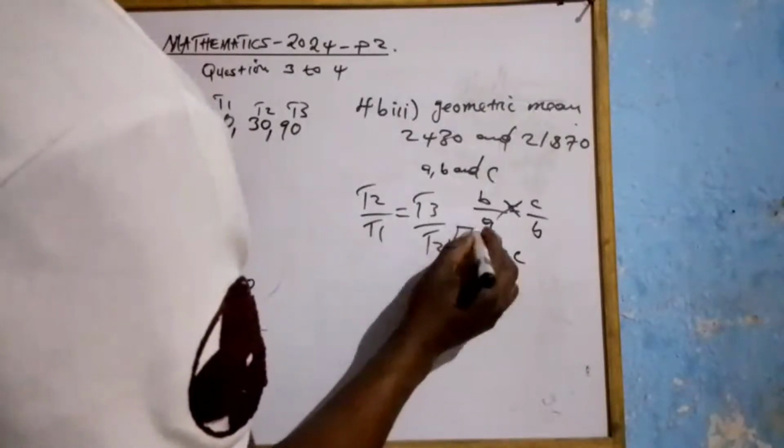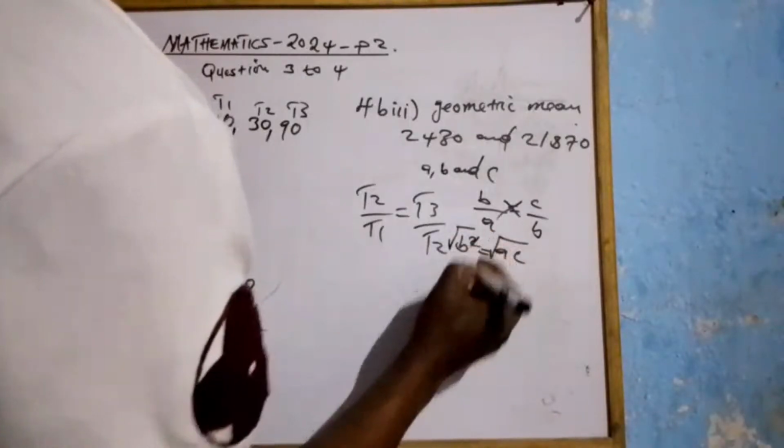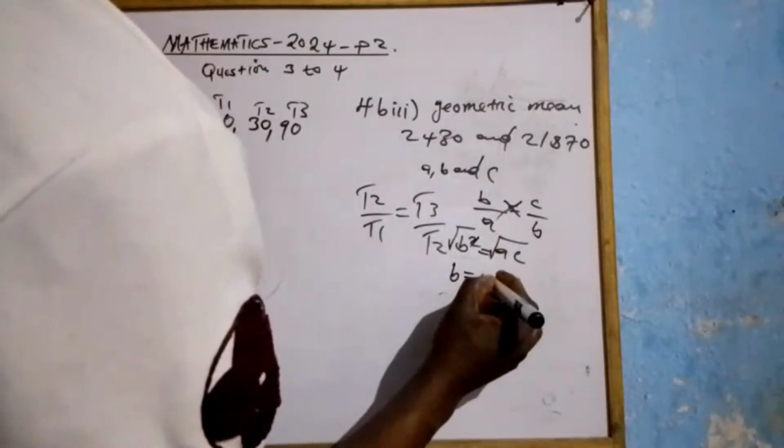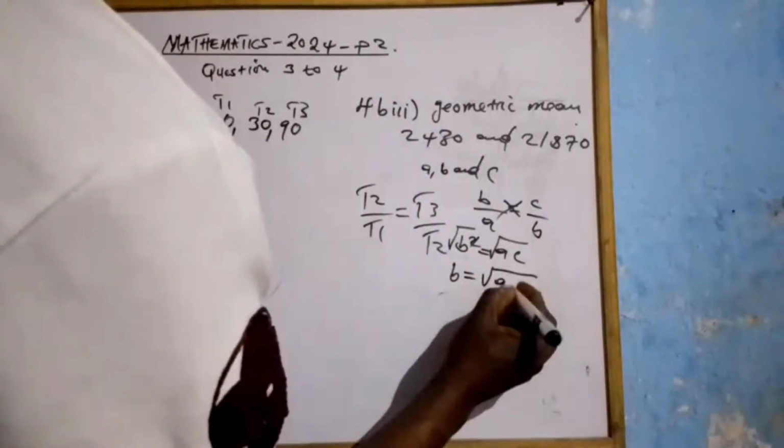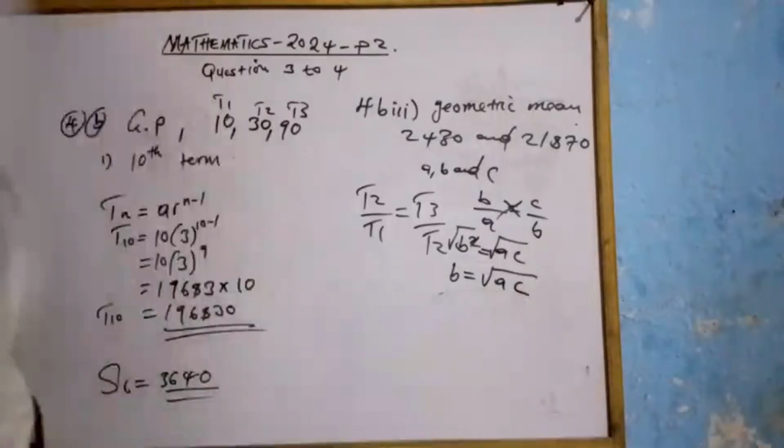Then you take the square root on both sides, in which B equals the square root of A times C.